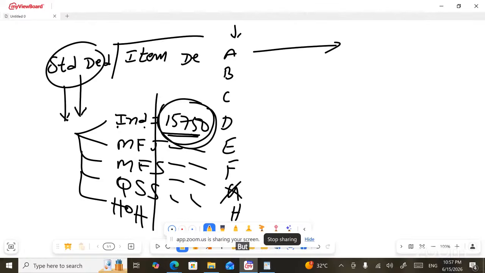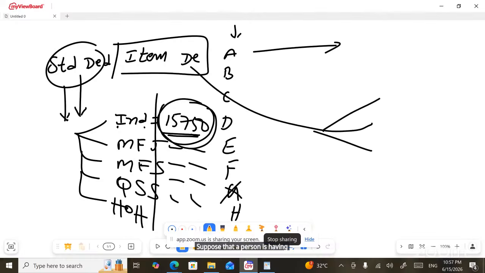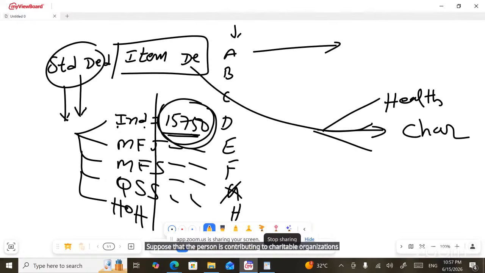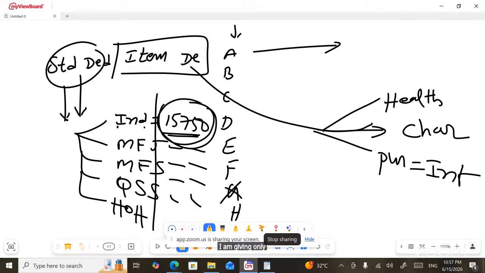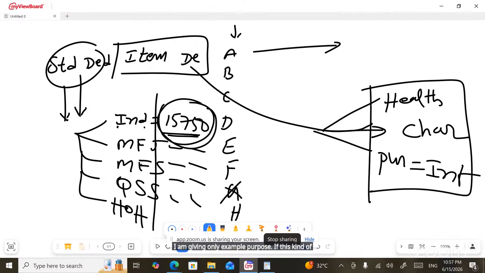But coming to itemized deduction, suppose a person has a health issue. Suppose a person is contributing to charitable organizations. Suppose that person purchases a house by taking a loan and pays interest on it. I am giving these only as examples. If this kind of payments are made by the taxpayer, he can claim deduction in the name of itemized deduction.